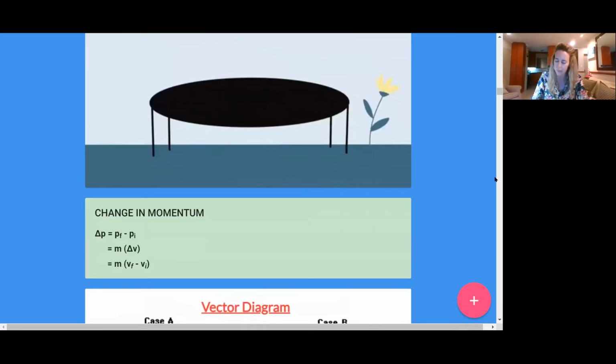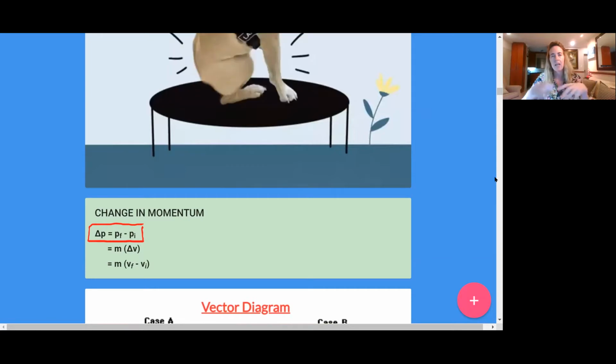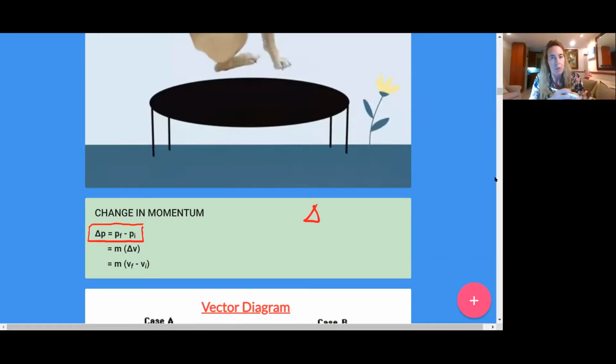Well, we have this formula that says that the change in momentum is the final momentum, take away the initial momentum. Remember, in physics, the change in anything is denoted by delta and whatever that physical quantity symbol would be. And the change in any physical quantity in physics is always the final value of that physical quantity, take away the initial value of that physical quantity.